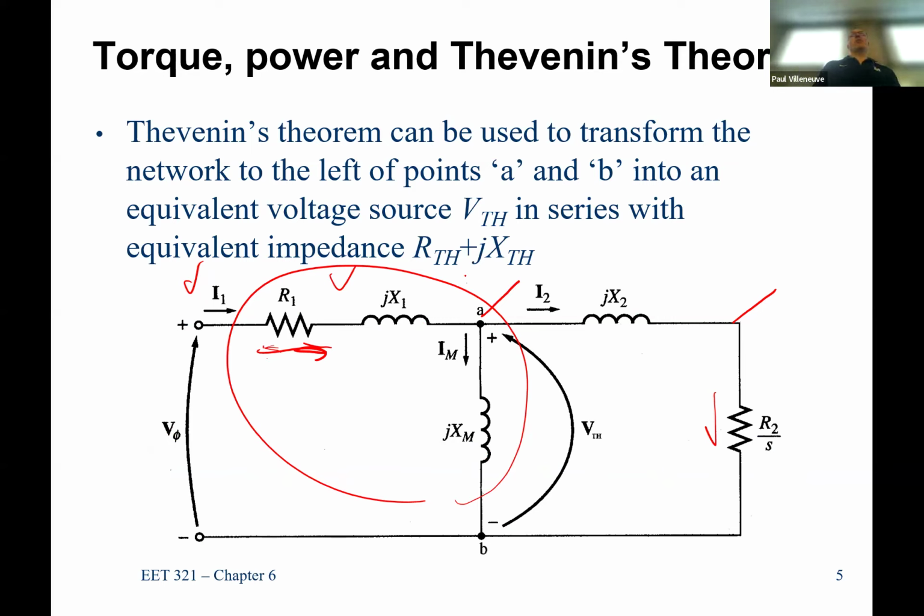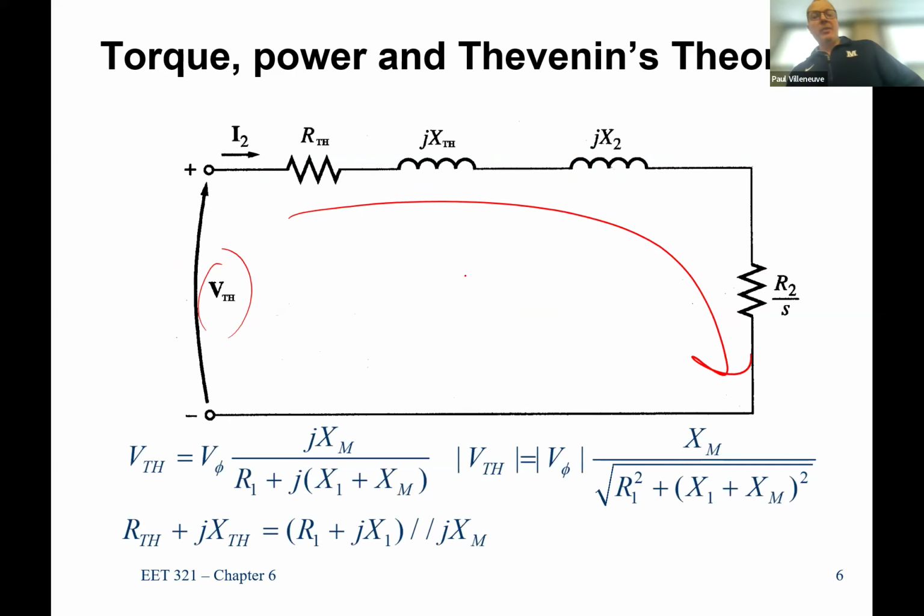If you remember, you can look at any two points, open circuit, and the voltage and the impedance that you calculate, which are in series with each other, is exactly the same regardless of how many components you have. So I'm replacing those three, the two inductors and the resistor, and I'm also moving the input voltage onto that point.